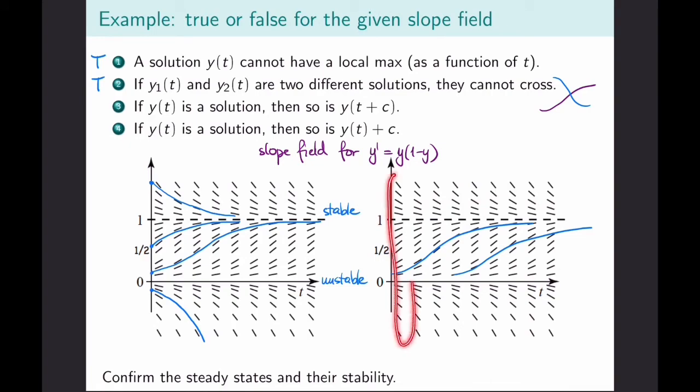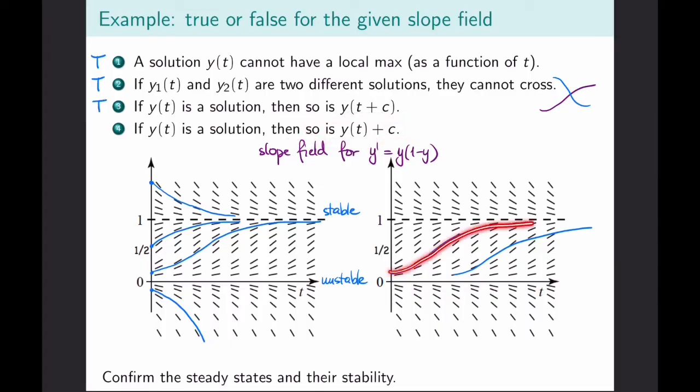Notice how every column of the slopes looks exactly the same, because remember that this differential equation did not involve t, which means that once I've constructed the slope, it was to be copied for all values of t. So this is true.